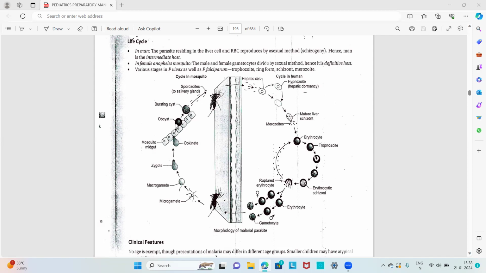This oocyst bursts and produces sporozoites, which are stored in the salivary gland of the female Anopheles mosquito, which again bites a normal human and causes infection. So these are all about the life cycle of the malarial parasite, asexual in man and sexual in the female Anopheles mosquito. And the relapsing form, the hypnozoite hepatic dormancy, later produces relapsing symptoms.